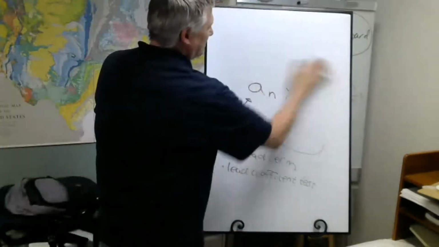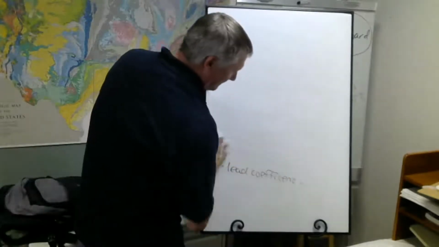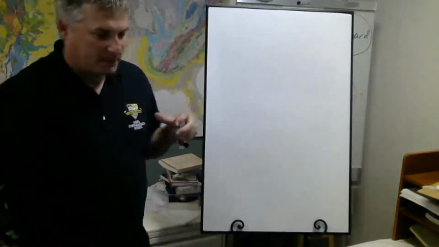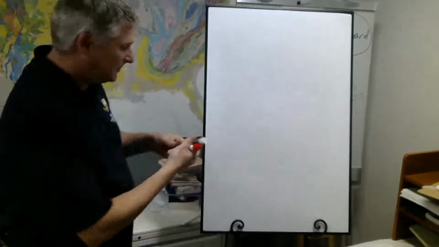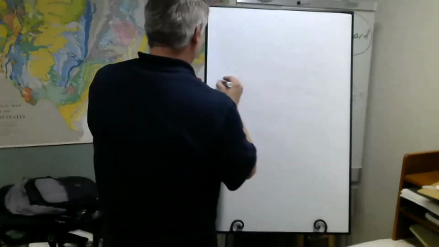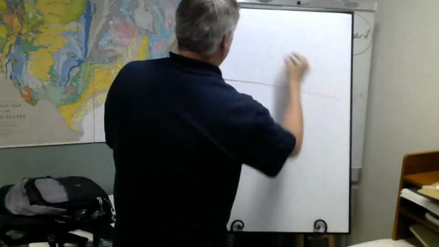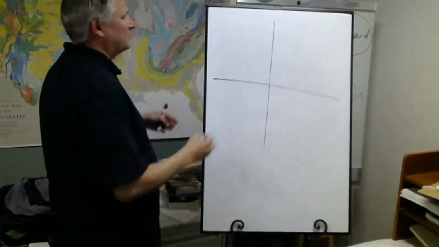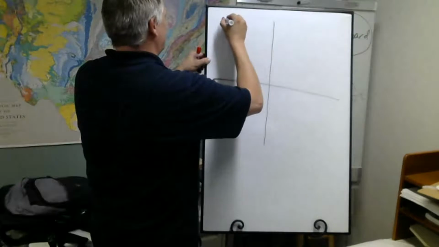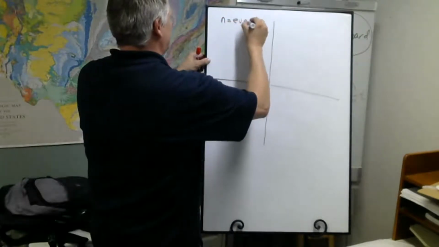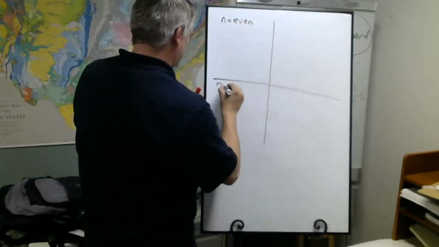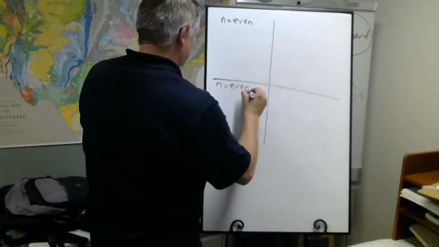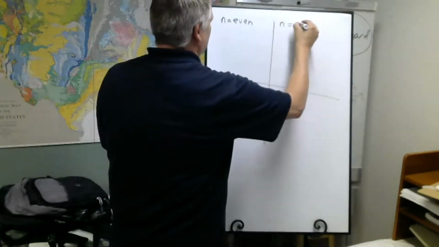So let's take a look. We're going to be looking at combinations of even or odd exponent with positive or negative lead coefficient. So I'm going to break this up like this. So let's say we have n is even in this column. Here's n is odd.